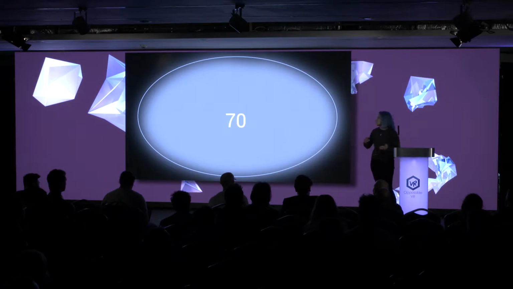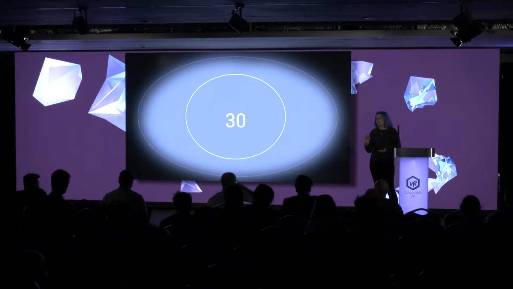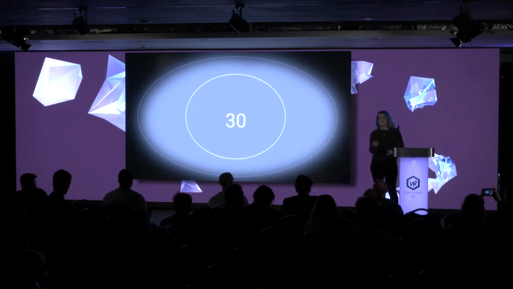So we have this 70-degree field of view that's like our little interaction bubble. Within this bubble is 30 degrees, where people usually do most of their heavy interactions. It's directly in front of them. People don't really like to move around. Even though it is VR, they're still a little lazy. So you try and keep any main UI interactions within that 30-degree field of view.